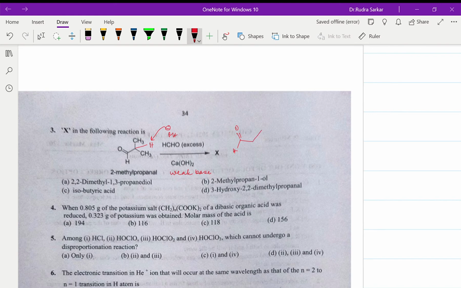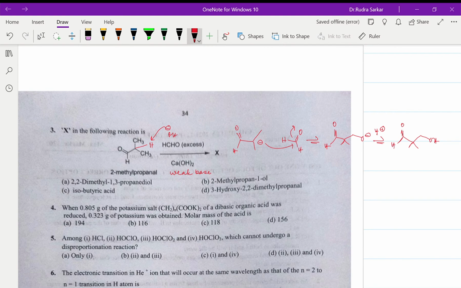So over here this minus charge will now make a nucleophilic attack over here, all the steps being reversible in nature. Something like this intermediate will be formed, which will add a proton, and this type of an intermediate aldehyde will be formed.